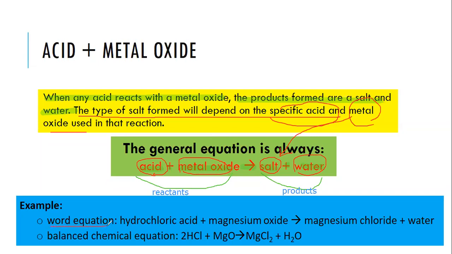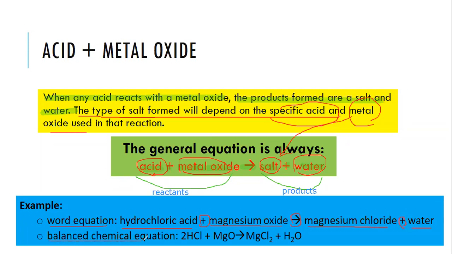Word equation means that you write this general equation by using the specific names of acids and metal oxides. One example is HCl, the hydrochloric acid, plus magnesium oxide, goes into reaction producing magnesium chloride plus water, okay?